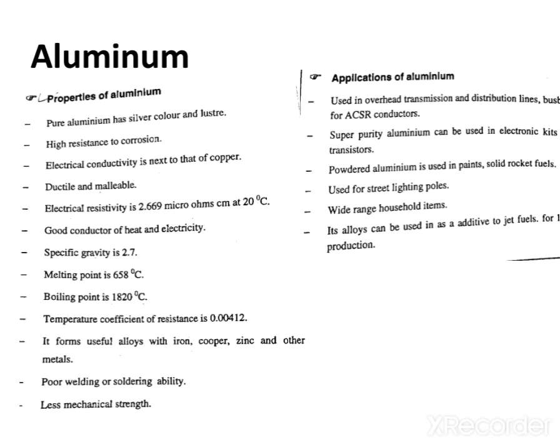It is also used to make alloys with iron, copper, zinc and other metals. It has poor welding and soldering ability as compared to copper. Aluminum is used for overhead transmission and distribution lines, bus bars and ACSR conductor.